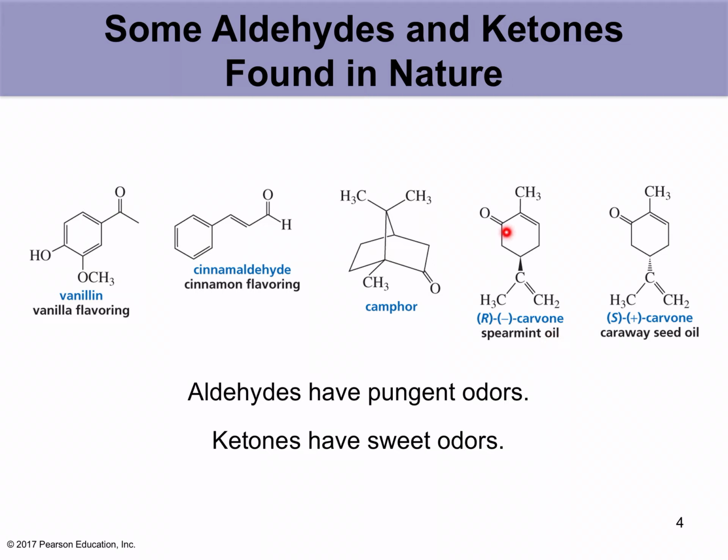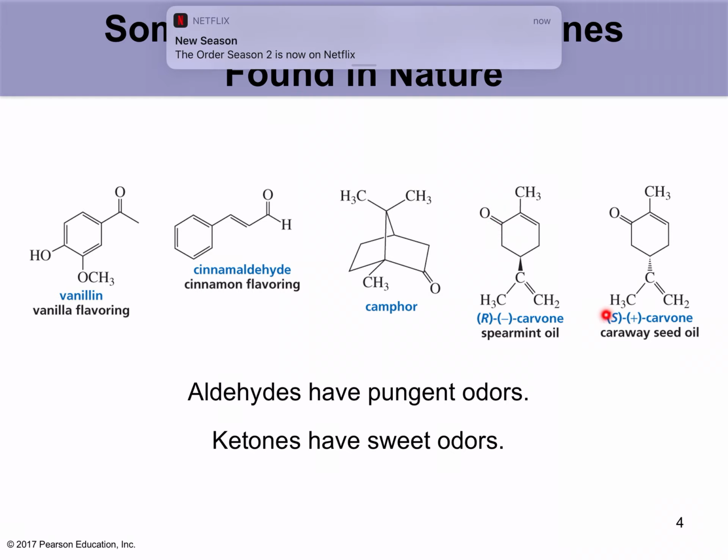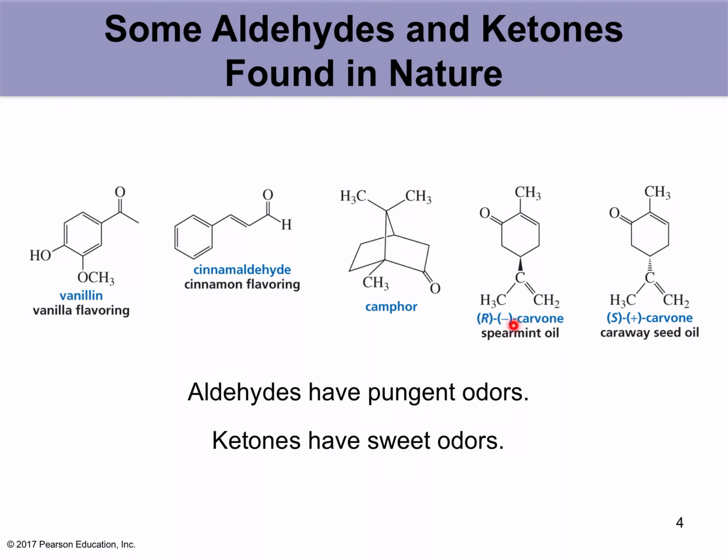In spearmint oil also we have a ketone. And these are a pair of enantiomers. And this is caraway seed oil. So this is the minus carvone and plus carvone, R and S enantiomers, spearmint oil and caraway seed oil. The difference is only this chiral center, but both of them have ketones.